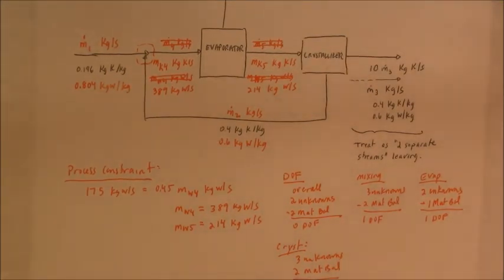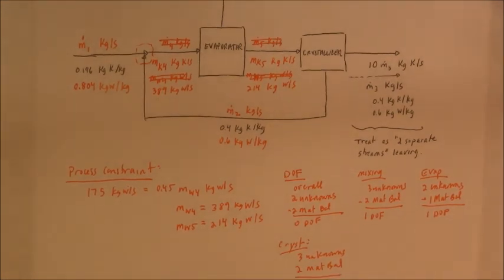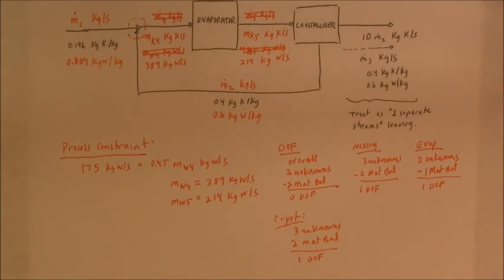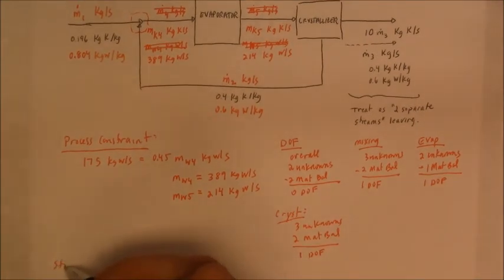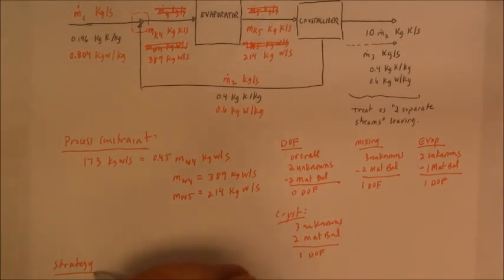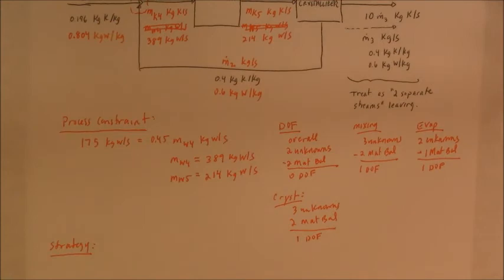Okay, so now at this point, we've pretty much shown that there's really only one place we can start on this process. As I start to outline my solution strategy, I can determine how to effectively solve for all of the unknowns in this process. Because I have 0 degrees of freedom on the overall process, I'm going to start there.